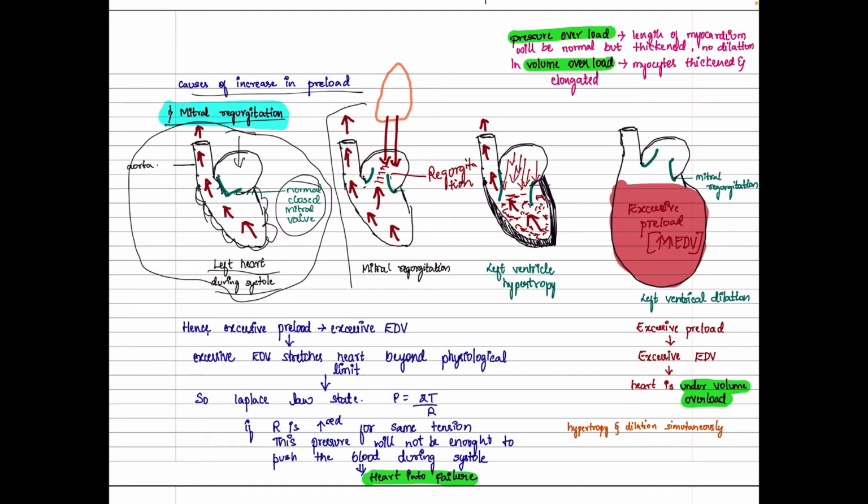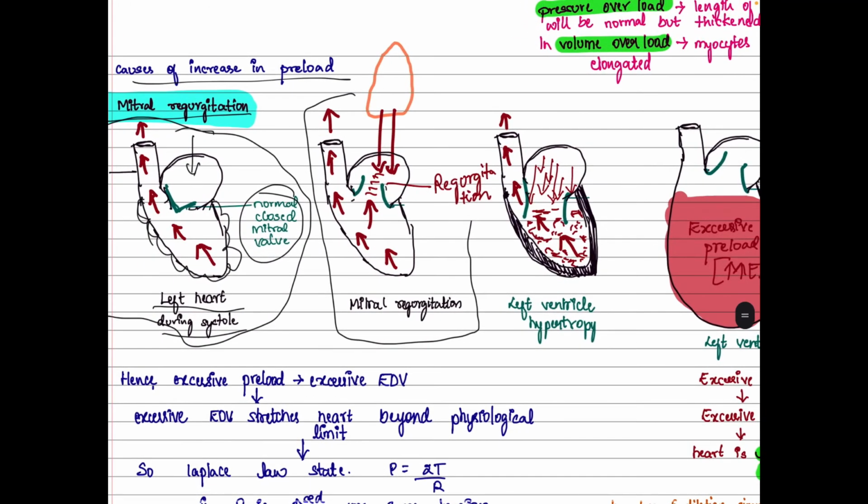And what happens during mitral regurgitation is, as we see here, the mitral valve is not fully closed. Hence during systole it will be pushing blood through the aorta to the body, and also pushing blood back to the left atrium.